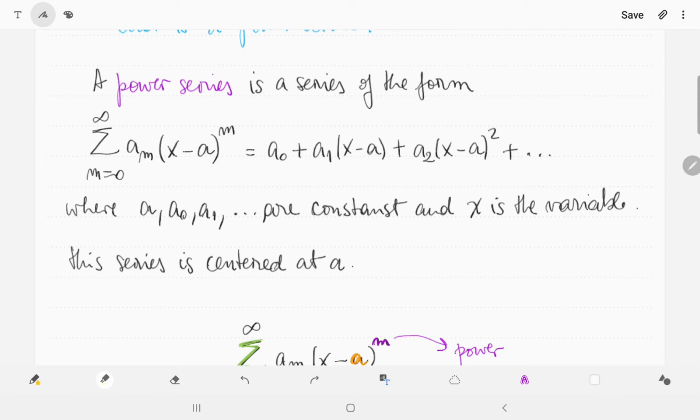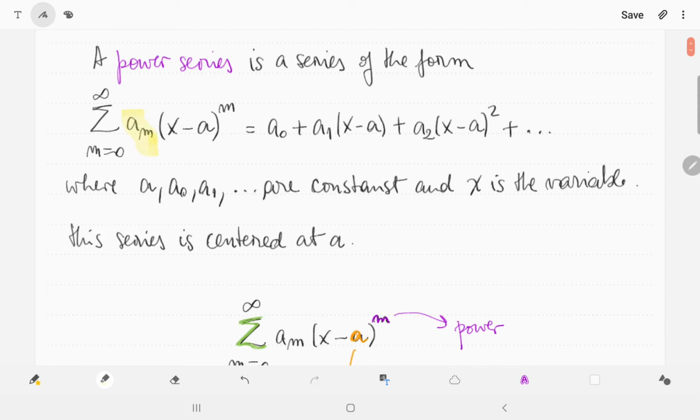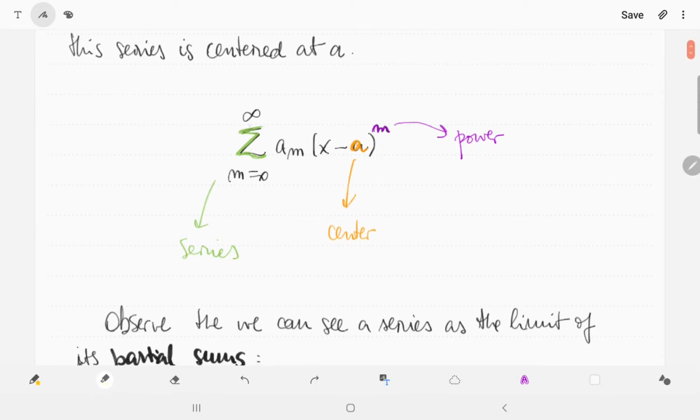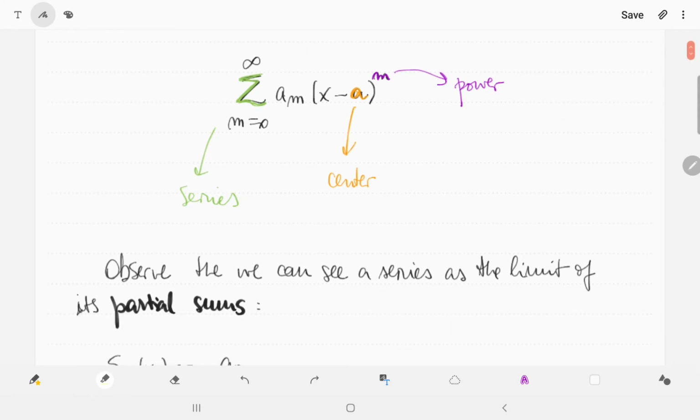And these a_m are all constant numbers, and x is, as usual, the variable. Okay, so this is a power series. Remember, we have a series, as you can see, the center of the series, and of course in each term we have a power, and these are the constants next to each power.